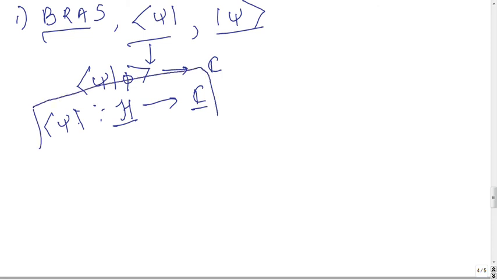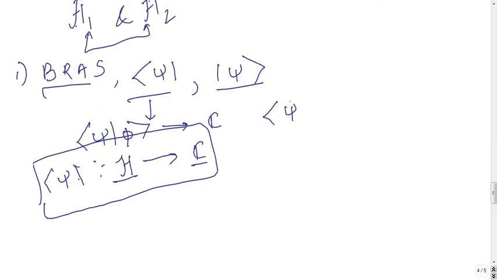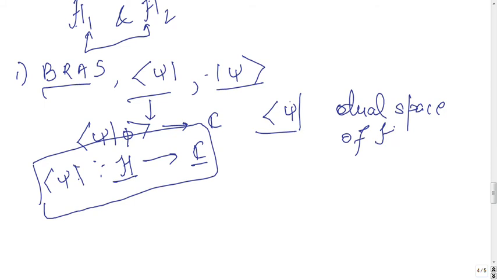Formally, this is how a bra is defined. So we can form a space exclusively of these bras, and that space is called the dual space of H, or you can simply think of it as the space of complex conjugate vectors of this vector xi.